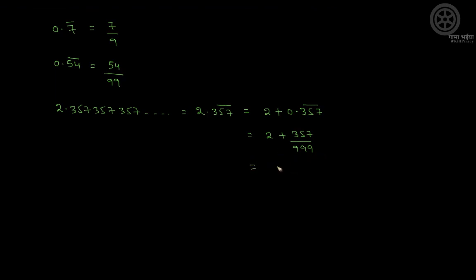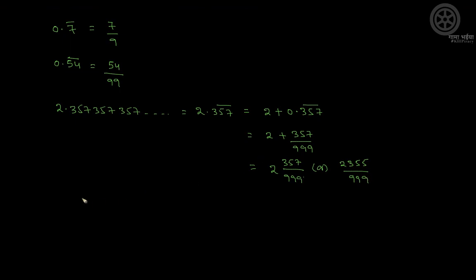So this is a mixed fraction, so 2357 by 999, or you can convert it into the improper fraction also. How much do you get? 2355 by 999, right? In either way you can write it. Understood how to convert from recurring decimal to the fraction?